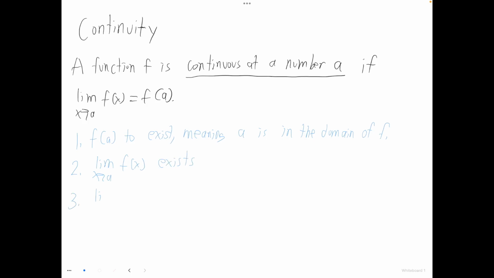And third, we need the limit as x approaches a of f of x to be equal to f of a. Now this third one looks like what we define continuous to be, but for this to make sense, all three of these properties have to be satisfied.